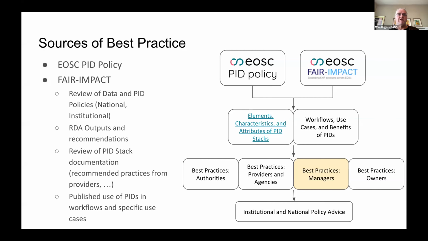I think this is quite important because one of the, let's say, I wouldn't call it a deficiency, but one of the things to understand about the EOSC PID policy is that it is quite narrow in scope. It sort of deals with the mainstream persistent identifiers that we can all name off the top of our heads, such as ORCIDs and DOIs and RORs and so on.